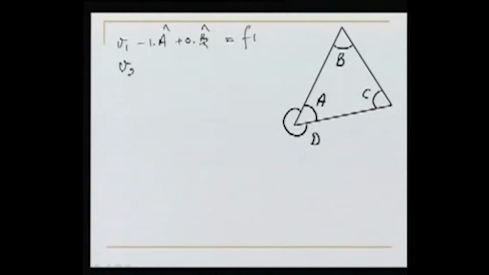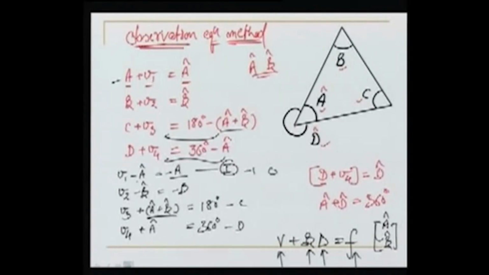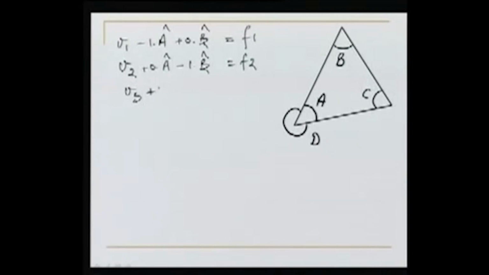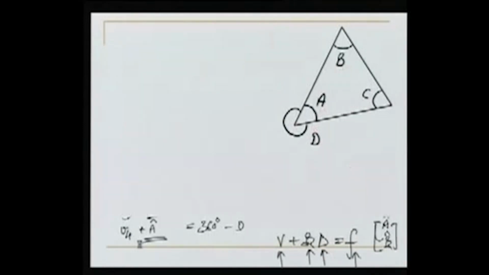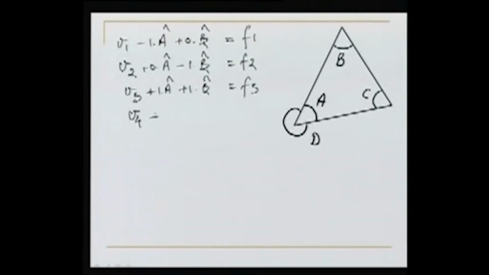Then V2 plus 0 into A hat minus 1 into B hat is F2. Then with V3 we have A hat and B hat, 1 into A hat plus 1 into B hat is F3. And finally, V4 plus 1 into A hat plus 0 into B hat is F4.